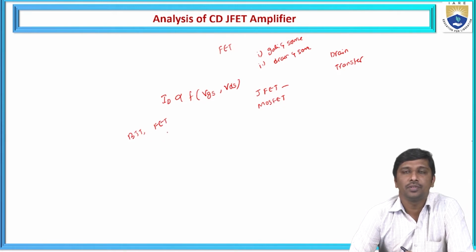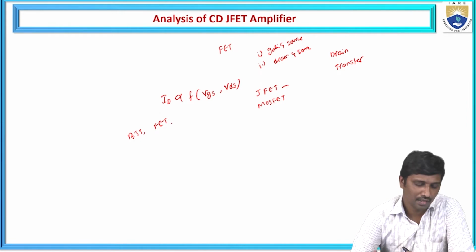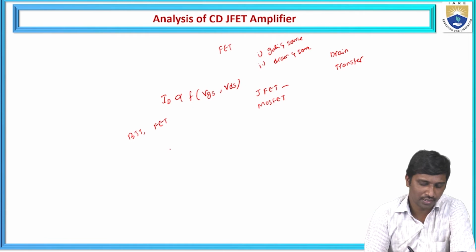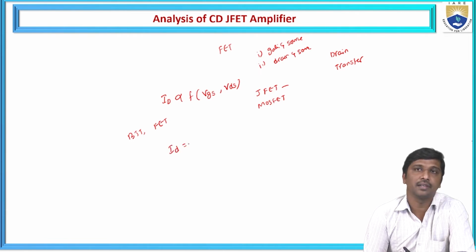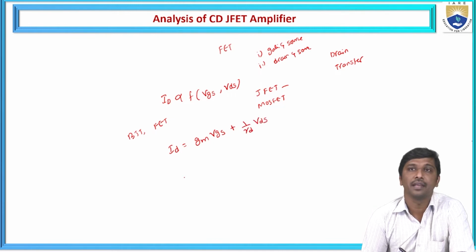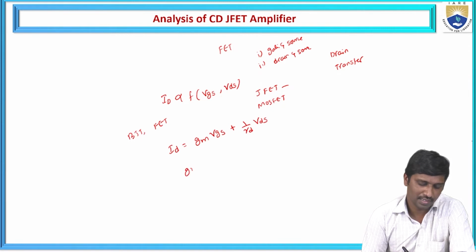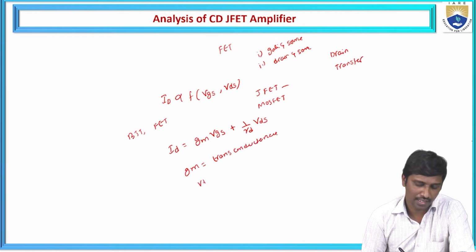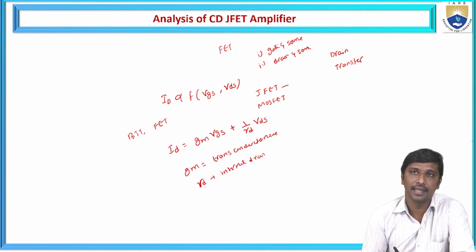If you recall the small signal model of the FET or JFET, from that model we derive that the drain current is represented as gm times VGS plus 1 by rd times VDS, where gm is the transconductance and small rd is the internal drain resistance, also called the AC resistance.